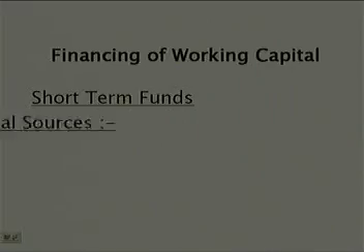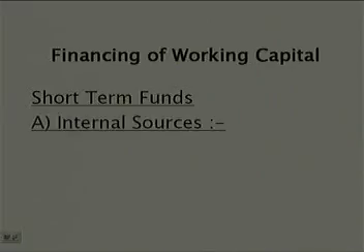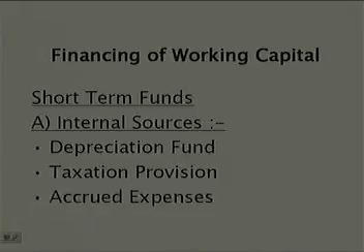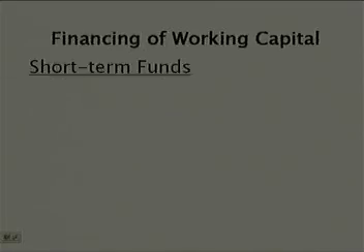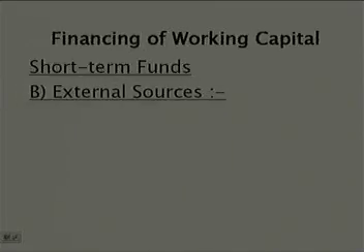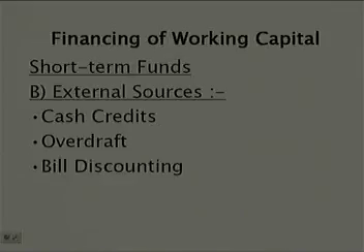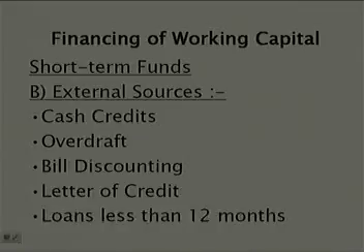Now, when it comes to short term funds, you can mobilize through your internal sources such as depreciation fund, the taxation provision, the accrued expenses. Then through external sources you can borrow from cash credits, overdraft, bill discounting, letter of credit, and loans for less than 12 months period.